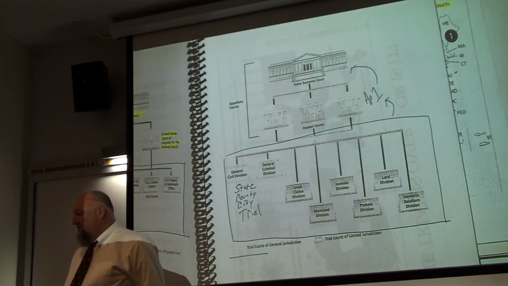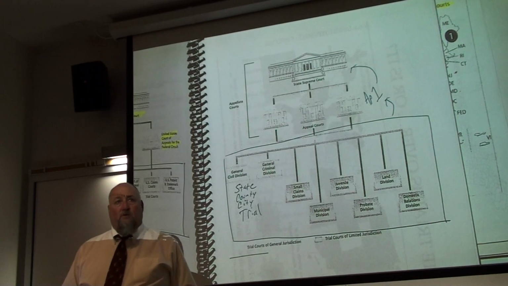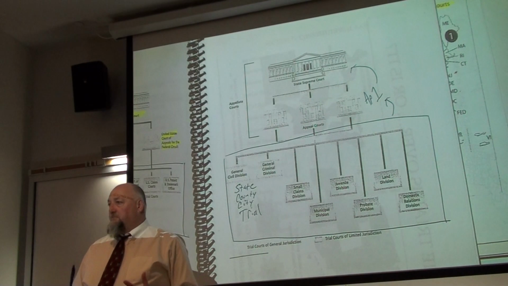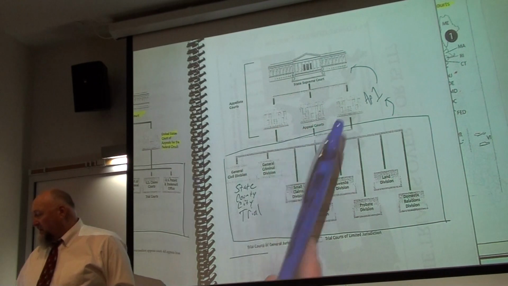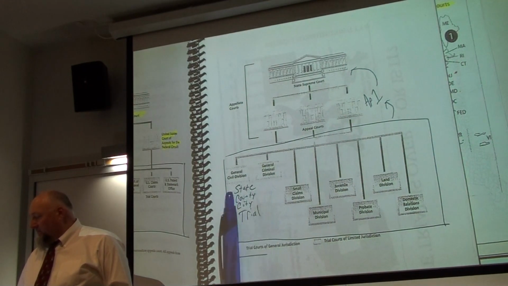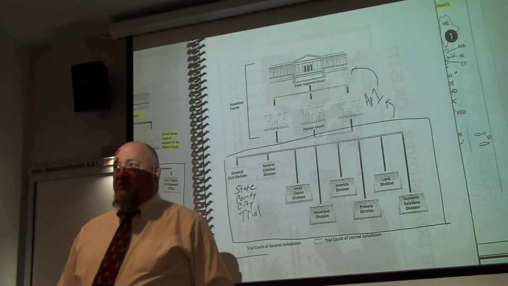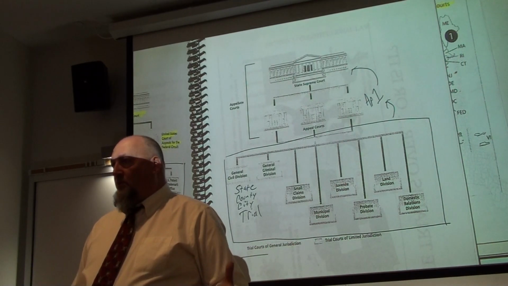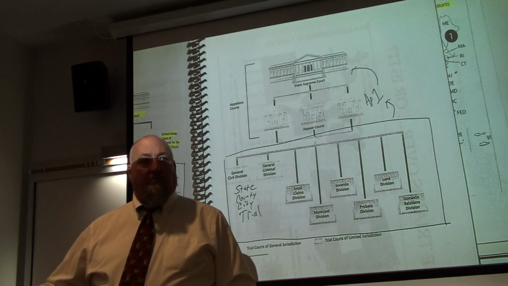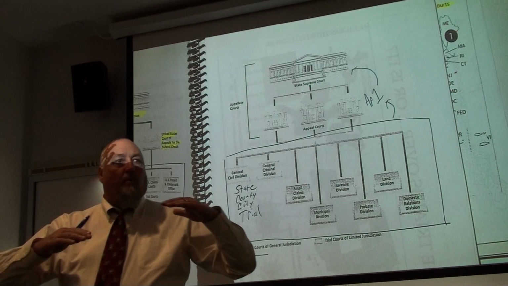In terms of precedential value, the highest level court in the state, in our case Oregon, is the Oregon Supreme Court, is binding. Any decision that's issued is binding on all of the lower courts. At the trial level, if a judge in one jurisdiction issues a decision, like let's say in Polk County, it's not necessarily binding on a judge in Marion County, because they're at the same level of court.